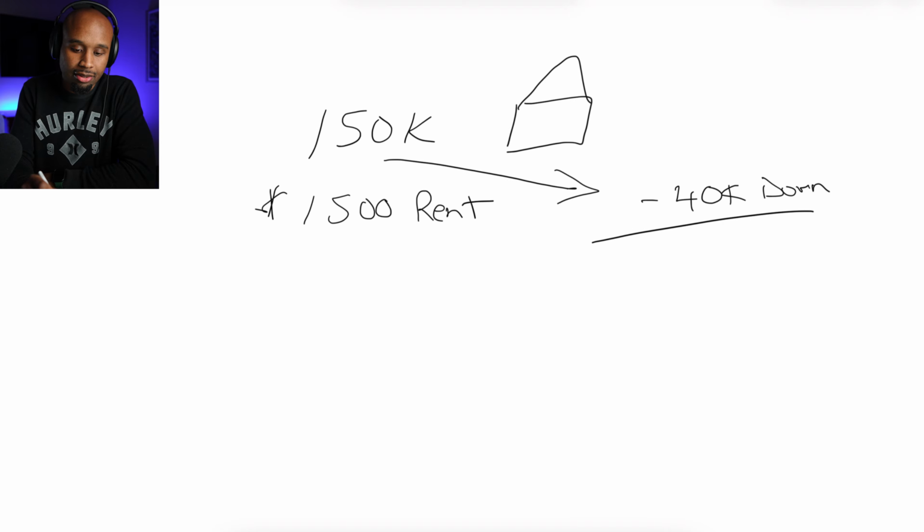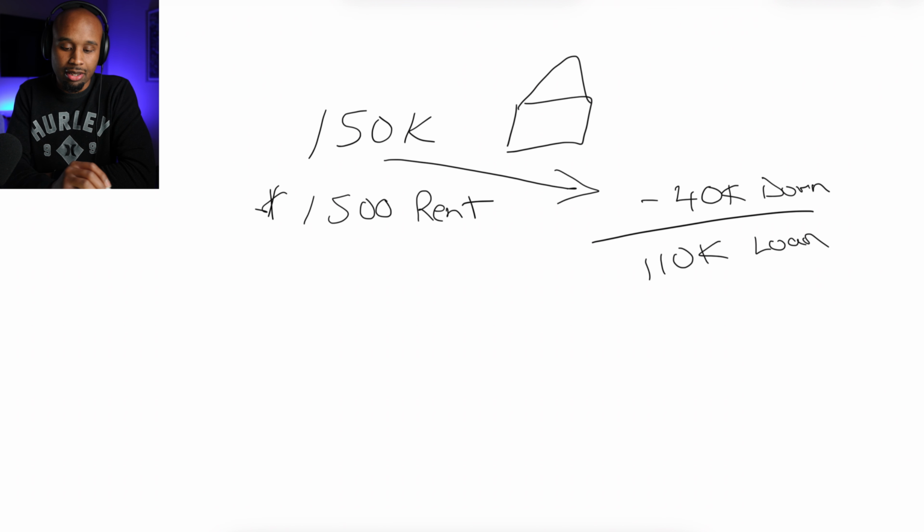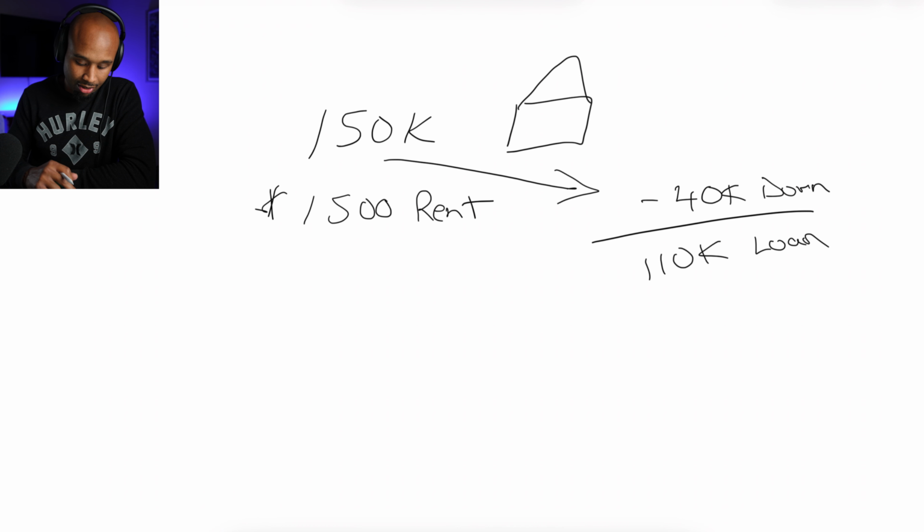So now you're at, what's that, 110K. Now that's your loan. Now, the loan on this would be, let's go to my mortgage calculator here on my phone. So 110 and interest rates for this would be, let's just say 7% or let's say 6%.